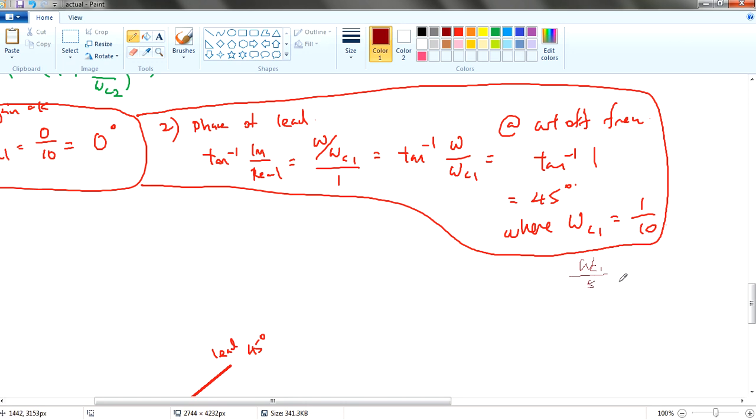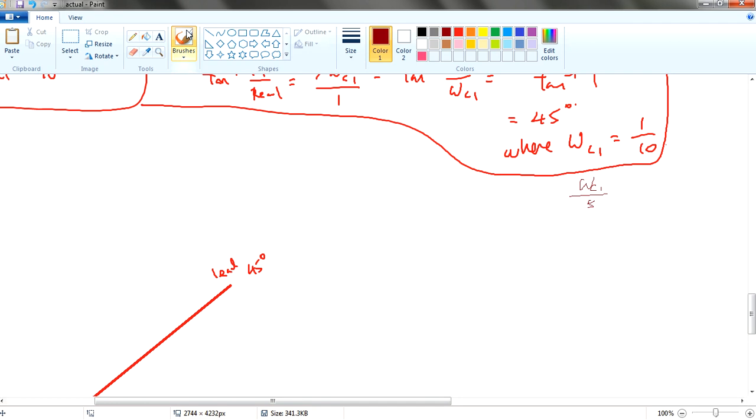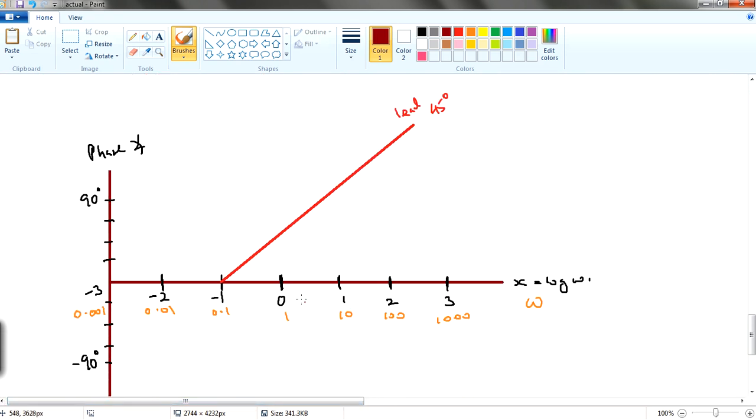So in this case, it's 1 over 10 divided by 5, so 0.1 divided by 5, which is 0.02. So this is your cutoff frequency. Your cutoff frequency should be at 0.02, which is somewhere over here.